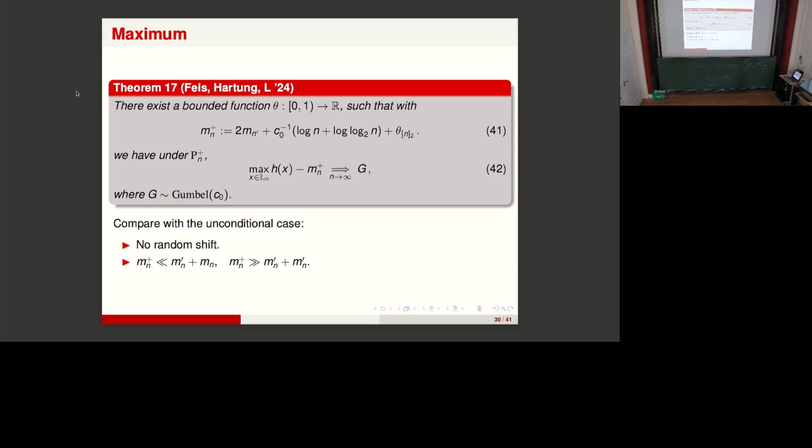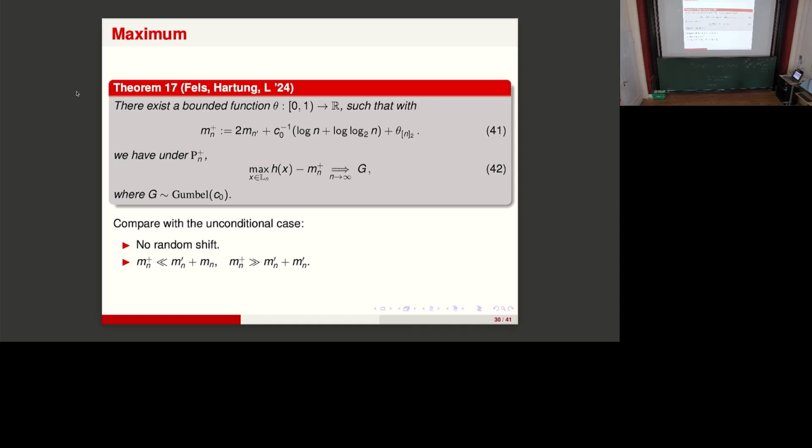Similarly, you can ask what's the new maximum. Now I condition the field to be positive, I have this repulsion by mn prime. You can show that the maximum of the conditional field is still Gumbel, but you lose the random shift. You still have convergence of the maximum after subtraction of a centering value, but no more random shift.